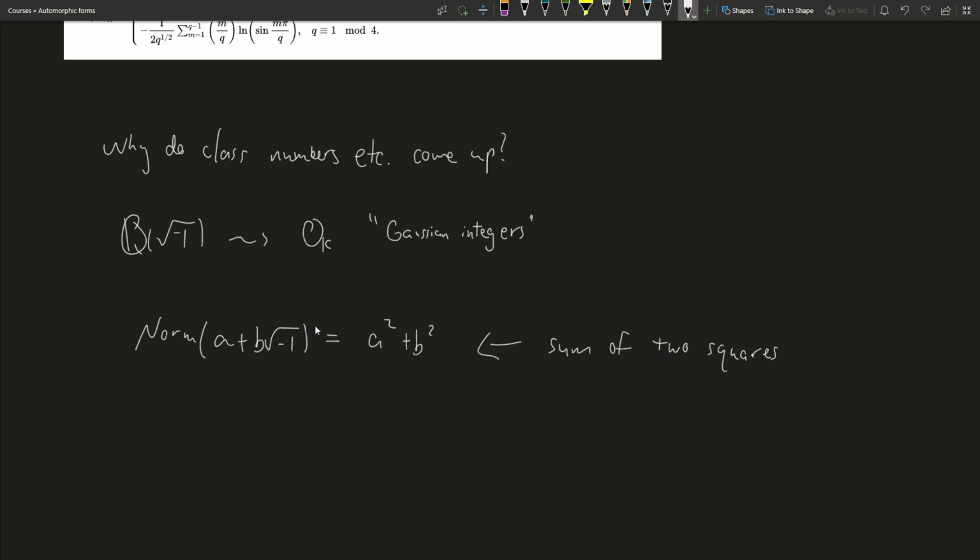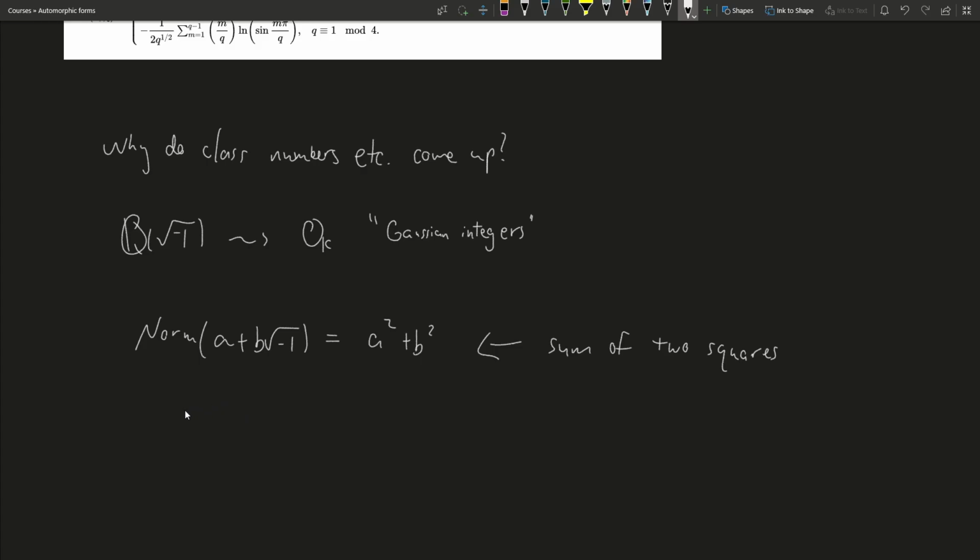So we're really asking about how many ideals in the ring of integers, or elements in the ring of integers, give you a norm of n in the Gaussian integers.